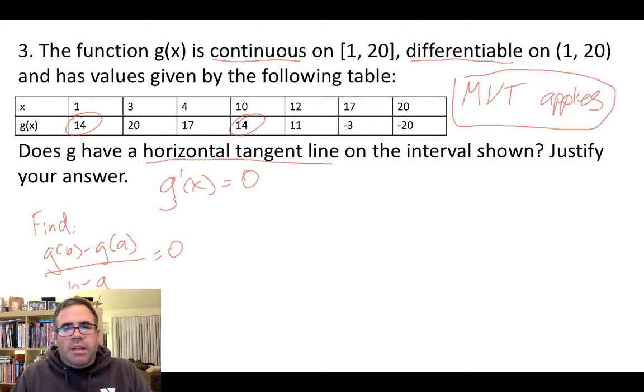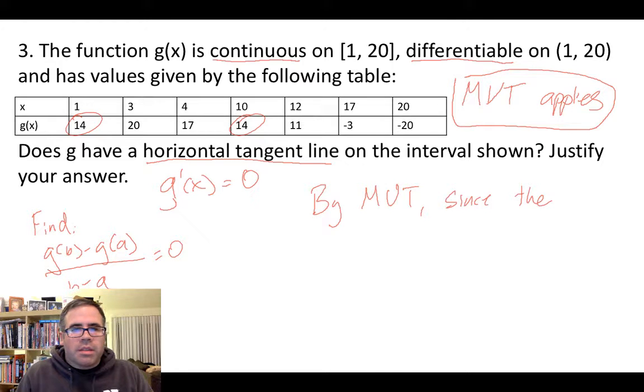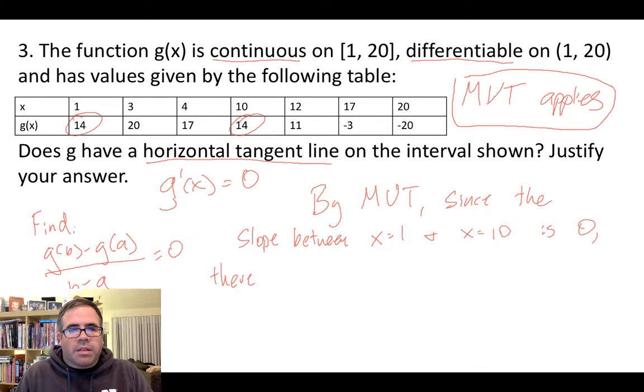So because of that, by the mean value theorem, since the slope between x equals 1 and x equals 10 is 0, there is some c between 1 and 10 where the derivative of g at c equals 0, thus a horizontal tangent line.